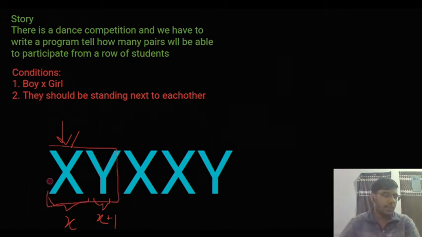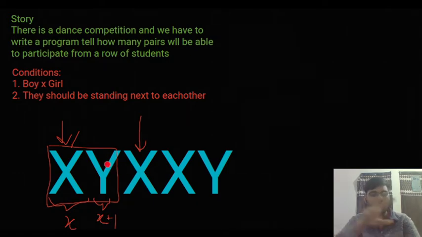And now we know that the x plus 1 position cannot participate in anything. So we will jump over this and bring our pointer 2 spaces ahead. Instead of jumping from x to y, we're jumping from x to the next x. So basically we jump 2 spaces.